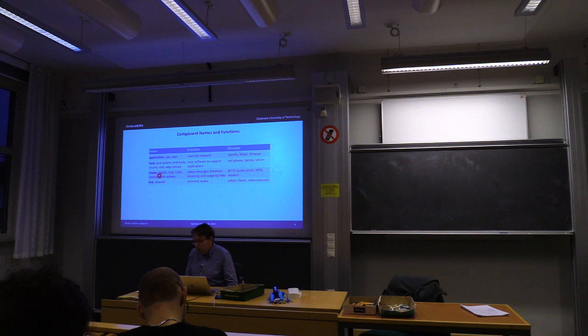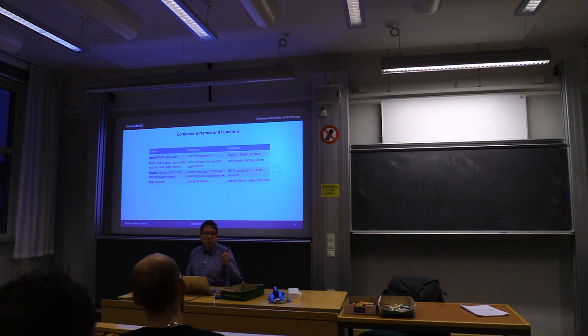There are other names here also: switch, hub, node, or intermediate system, and they are variations of the same basic concept, which is to move data from one link to another link. We will talk a little bit more about switches and hubs as we go along in the course. But for now, let's just think of routers as something which is inside the network and moves data from one link to another link.